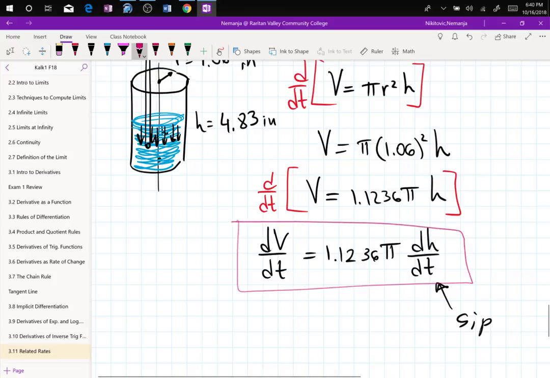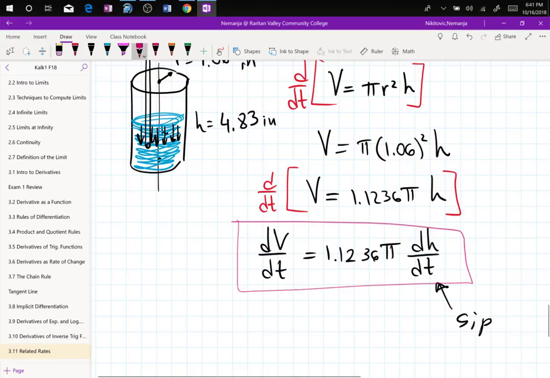Did anyone Google this? The size of a sip? Yeah? What happened? It's like one straw. Yeah, just a sip. There is an average size of a sip for people. 16 milliliters is the average size of a sip.